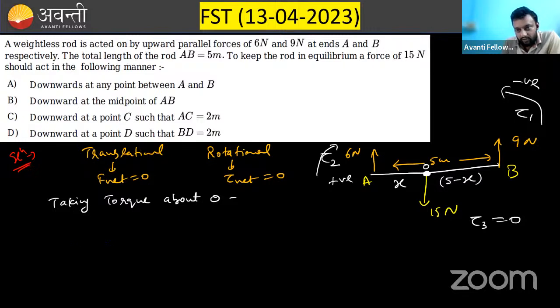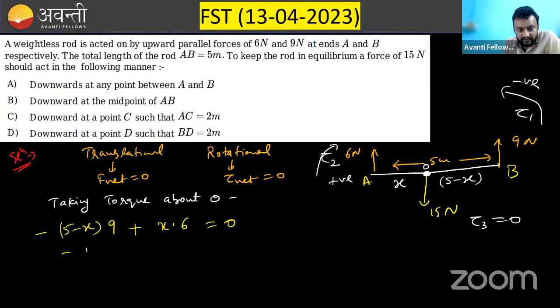So tau 1 is going to be negative. Torque is equal to R into F. R is 5 minus x, into force 9 Newton. Plus torque 2: force is 6 Newton, distance is x, that is x into 6, equals 0. Net torque is 0. Now you can transfer the equation.